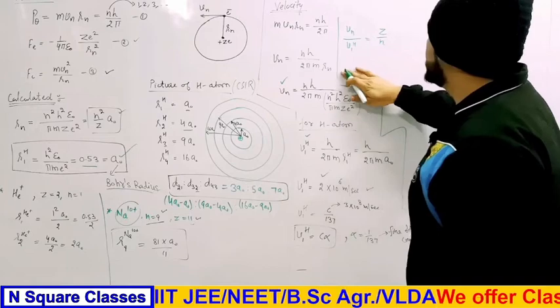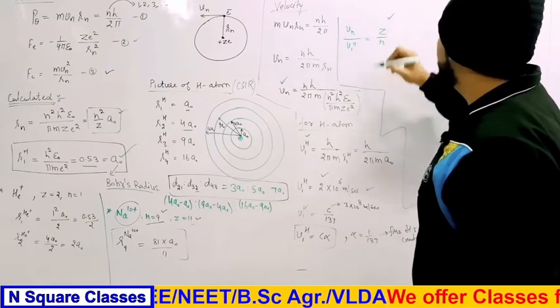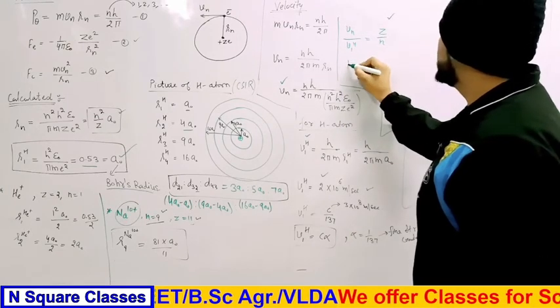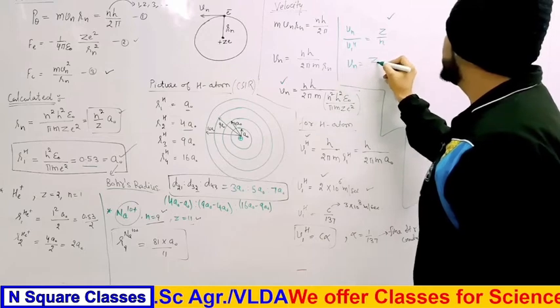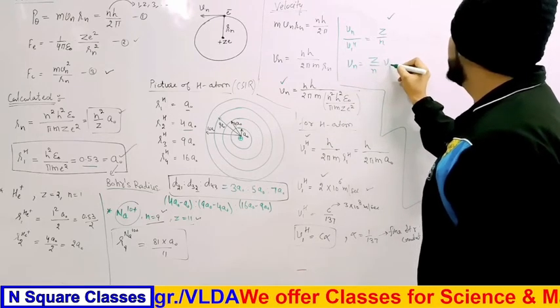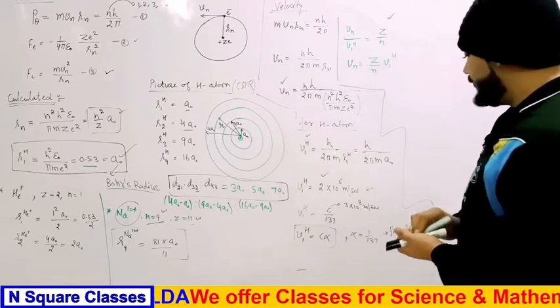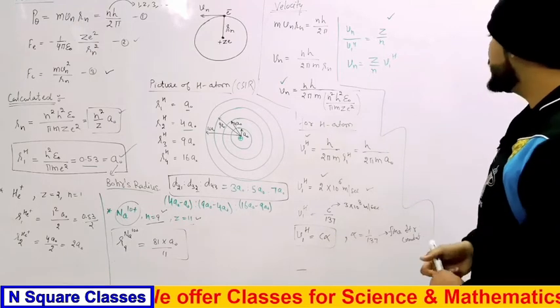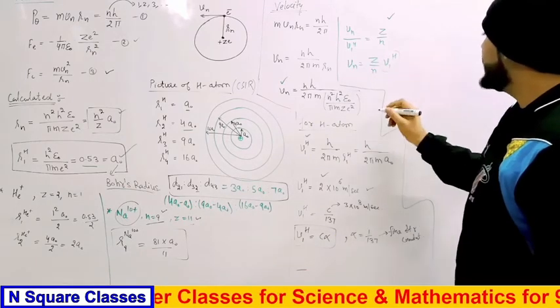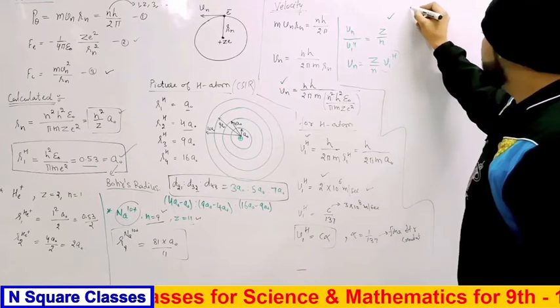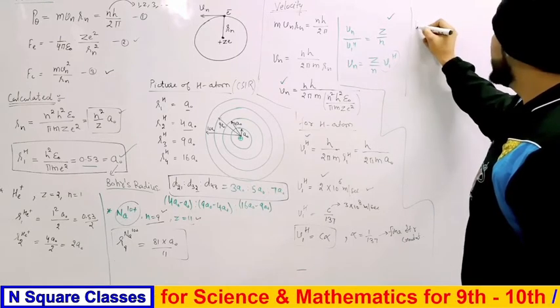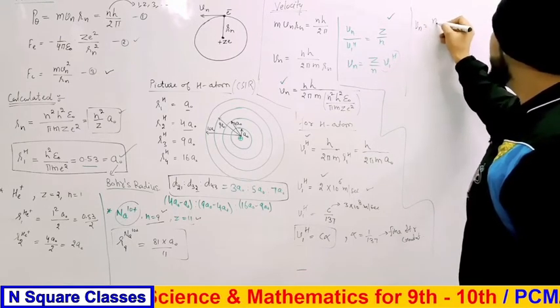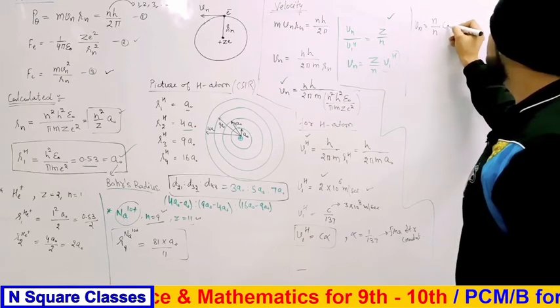So Vn equals z upon n into V1H, and we know V1H is c alpha, clear. So Vn equals z upon n into c alpha.